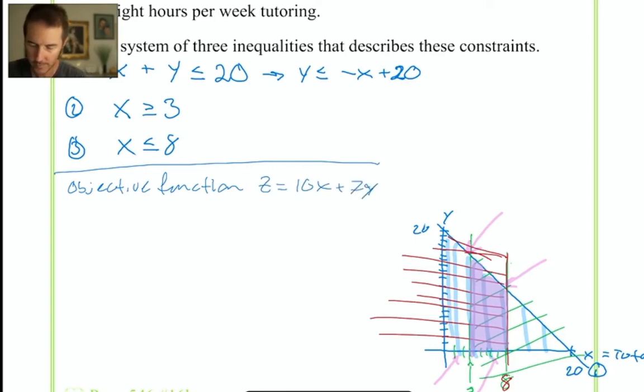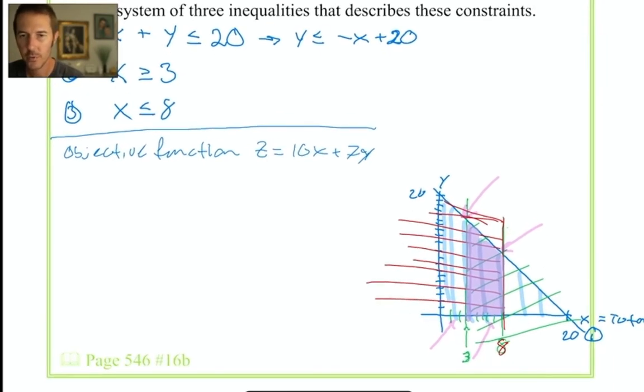All right, so that was our objective function. What are the coordinates at the vertices in this beautiful graph that we drew? That looks like 3, 17. This would be 8, 12.